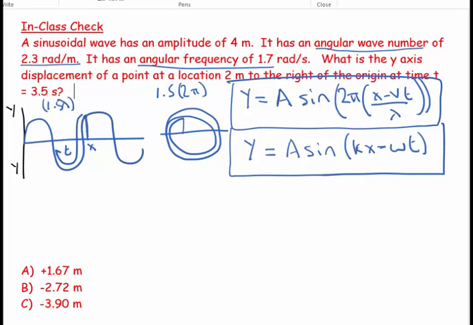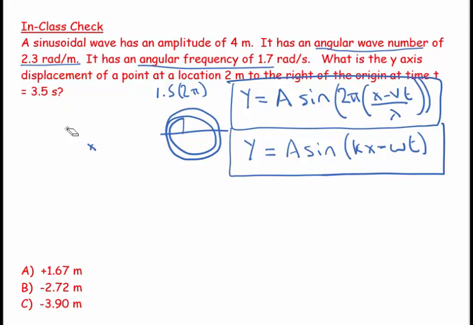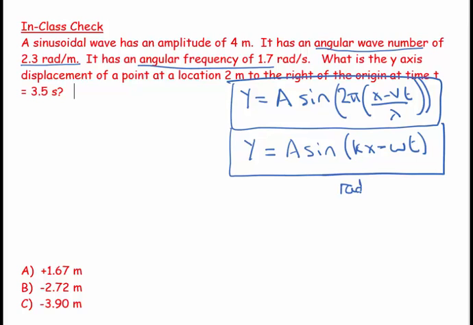Now I'm going to imagine my journey. I start off, and after a certain distance, if k is in radians per meter and x is in meters, this bit here tells me how many radians have gone round.